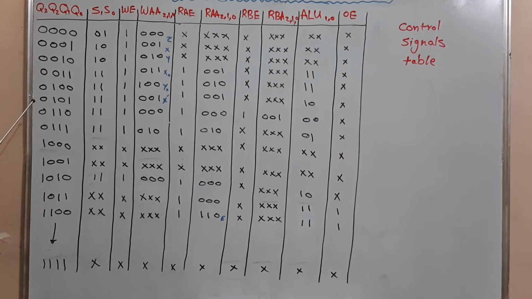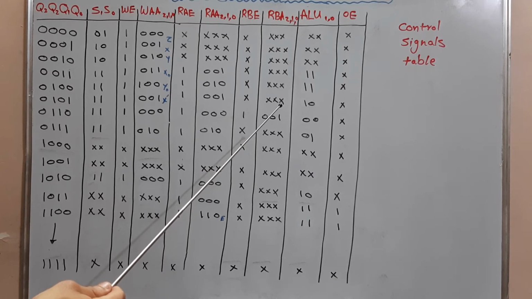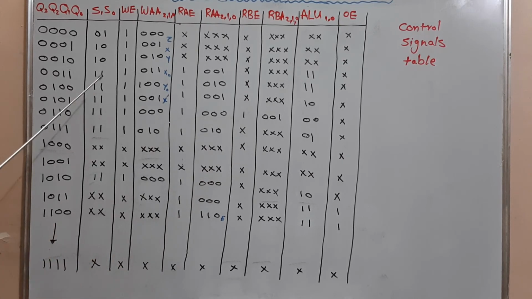In the state 5, X will be read through port A by reading the location 001 and inverted by the ALU by choosing 10 of the ALU signals, return it back through the multiplexer, and save it in the location 001. In the state 6, we will read both port A and B respectively.